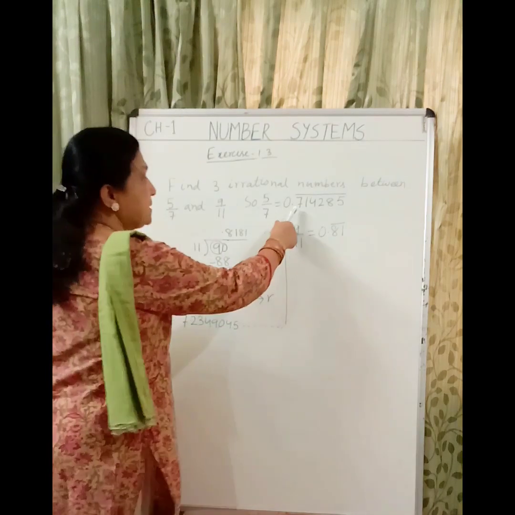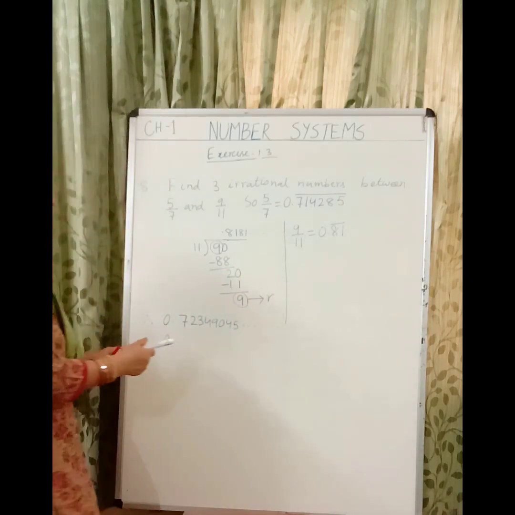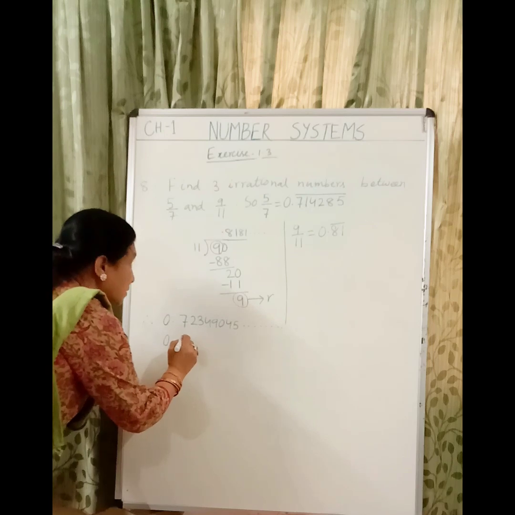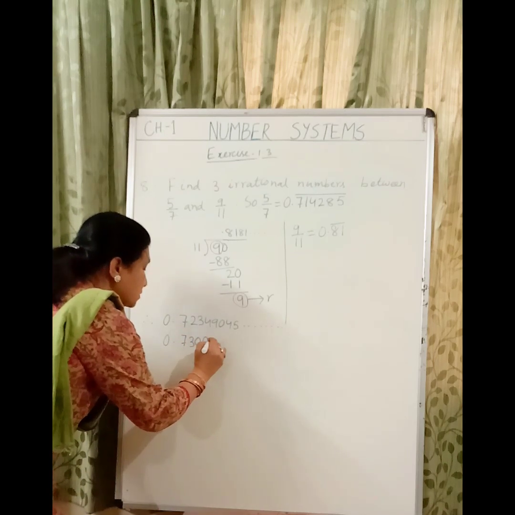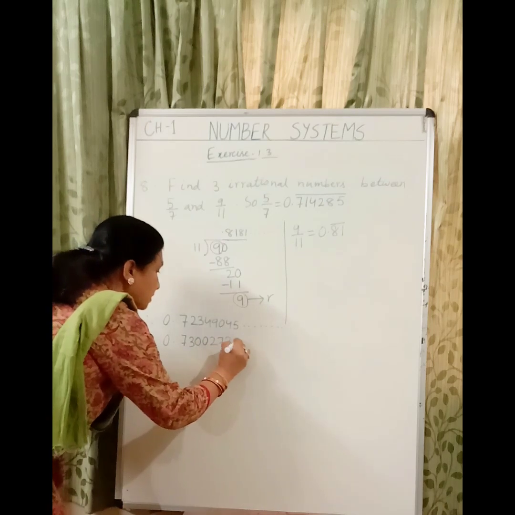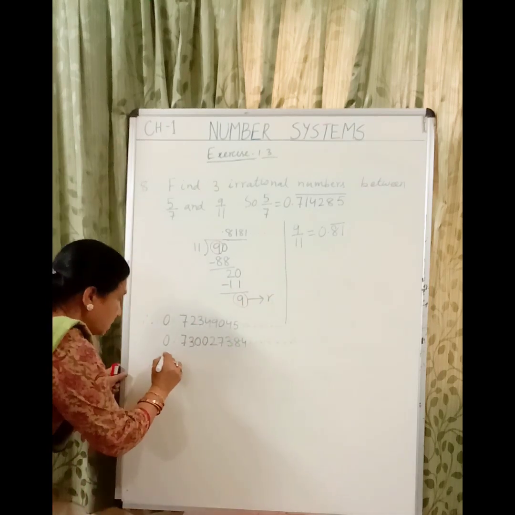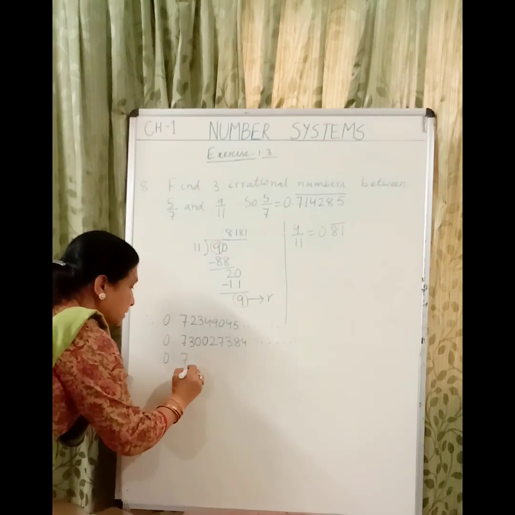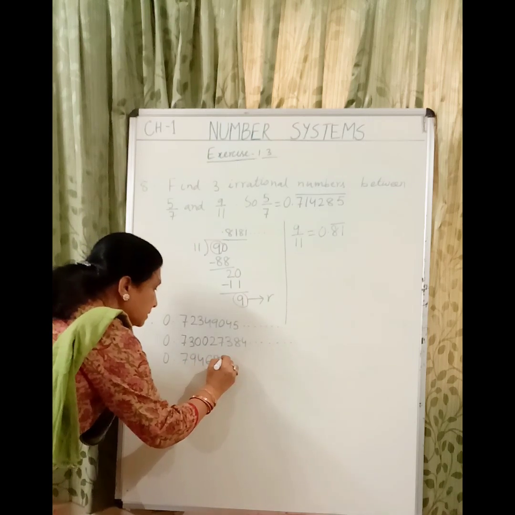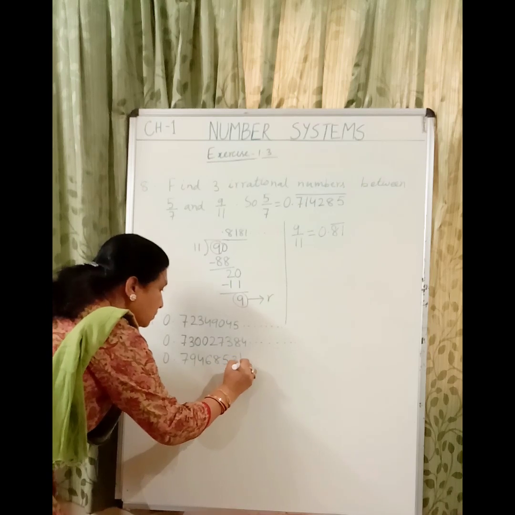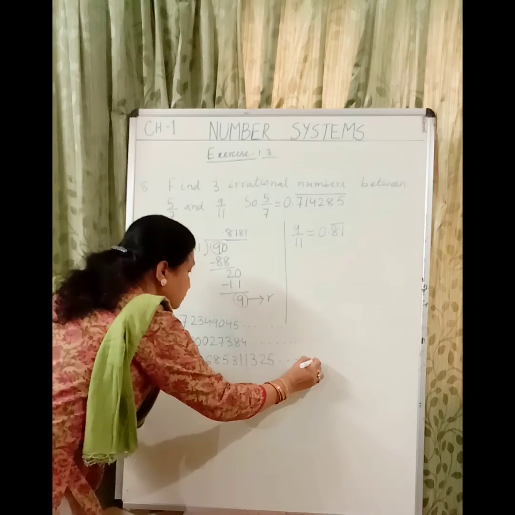It should be more than 0.71 and less than 0.81. Next, suppose I am taking 0.794685311325 and so on.